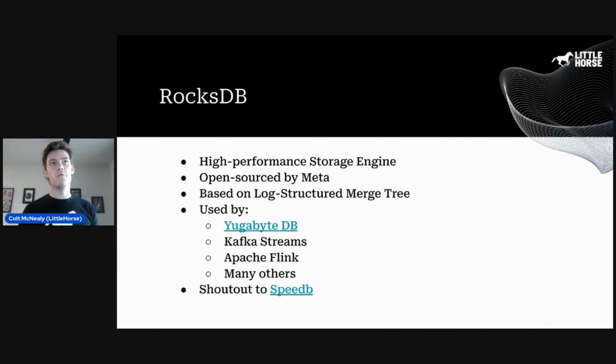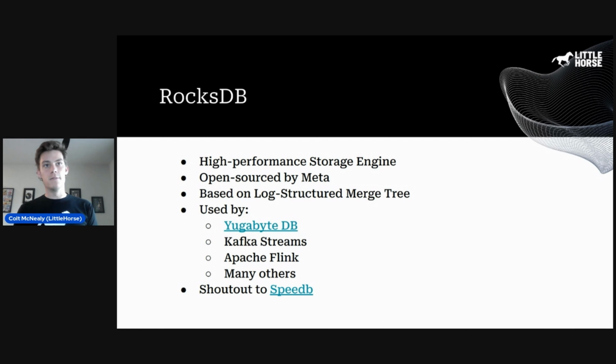In contrast, RocksDB is an embedded storage engine, which means that it lives inside your application and has a C++ API with a Java JNI in the case of Kafka Streams. It's used by many cool technologies. A few of my favorites are Yugabyte, which is a distributed Postgres implementation, fantastic database, probably my favorite database of all time, Kafka Streams and Apache Flink and many other things, I think, including Rockset.